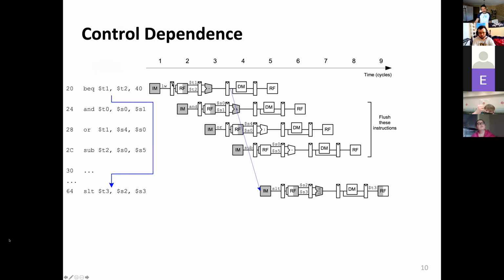So you see this unfragmented pipeline where, forgetting about dependencies and thinking that these are independent, whatever instruction entered the pipeline would go out of the pipeline in order.